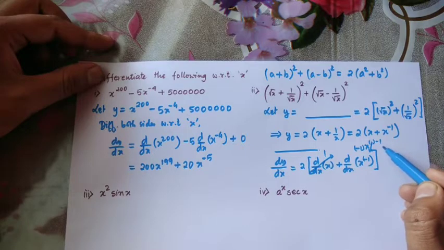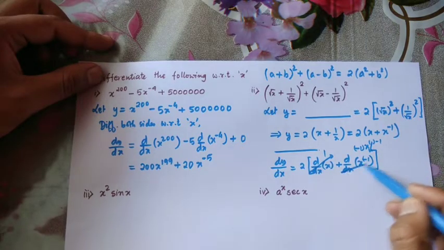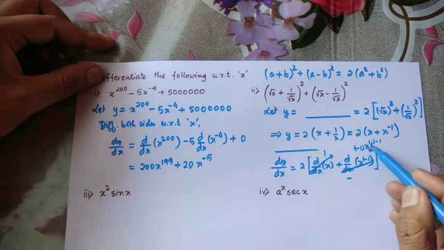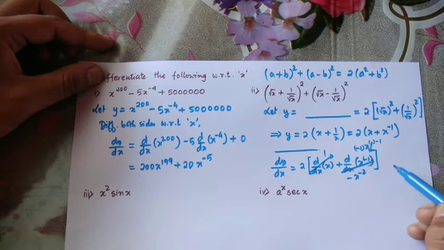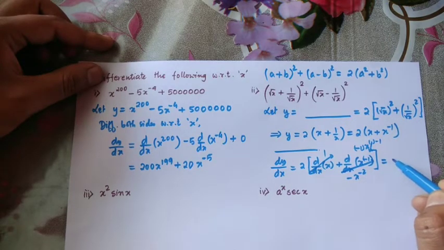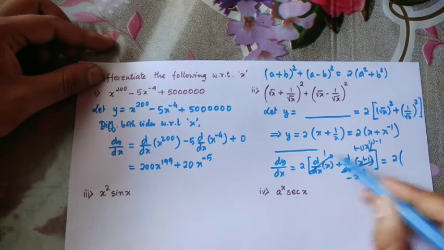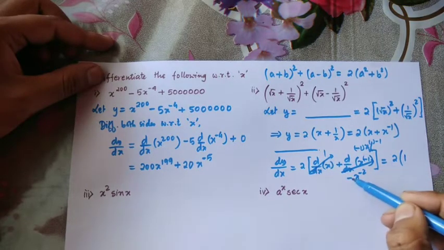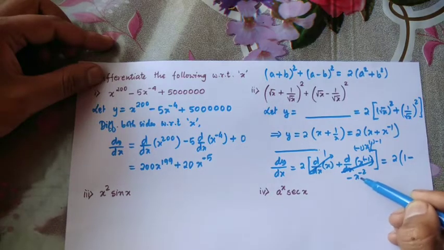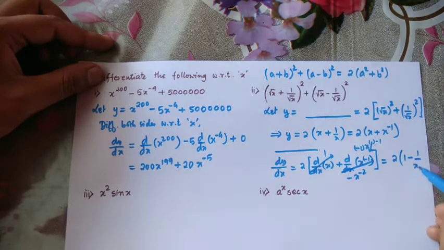So this part will be equal to minus x to the power minus 2. So that's why it can be written as 2 into 1 and minus is there, and x to the power minus 2 can be written as 1 by x square. So my dy by dx is 2 into 1 minus x square.